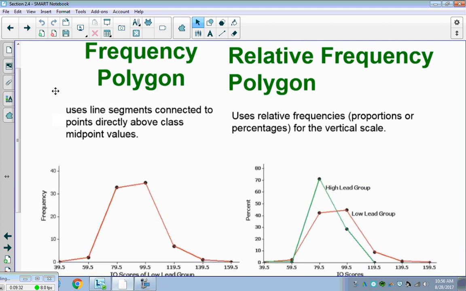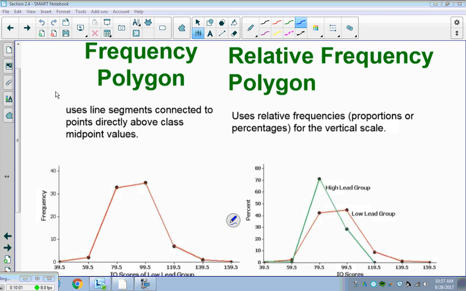A frequency polygon and a relative frequency polygon. To me, it's much easier to build a histogram first and then superimpose your polygon afterwards. It uses lines and segments connecting points directly above class midpoint values.